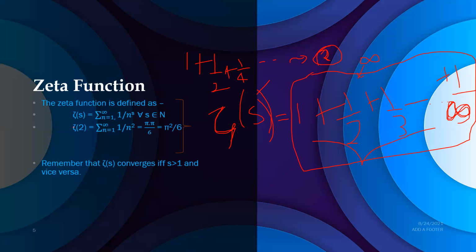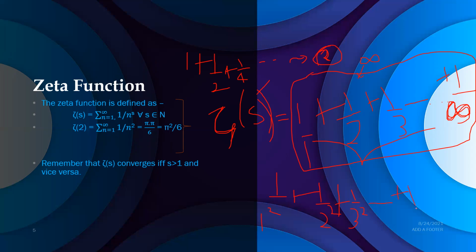For zeta of 2, that means 1 upon 1 square plus 1 upon 2 square plus 1 upon 3 square, and so on till infinity square.